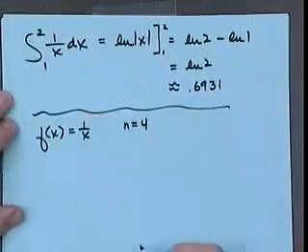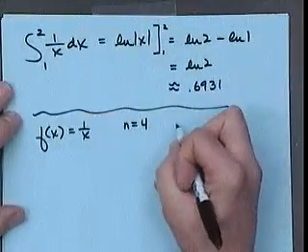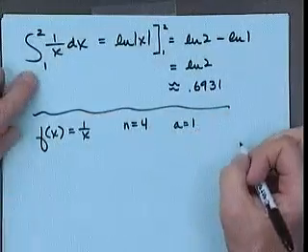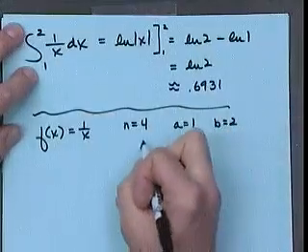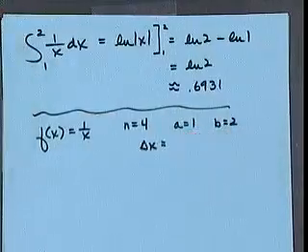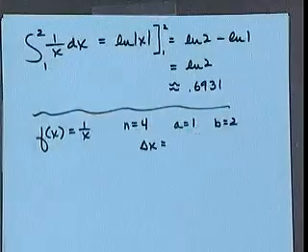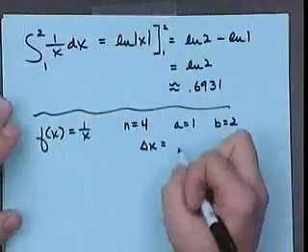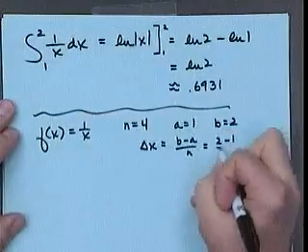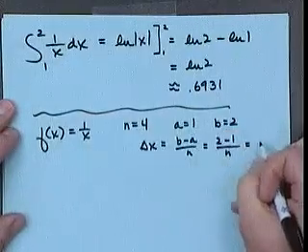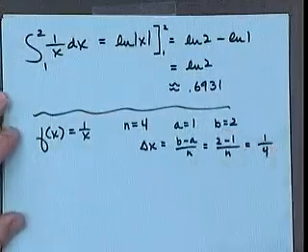So let's use 4. And a is 1. We're starting at 1 and we're ending at 2. So our delta x is what? b minus a over n, 2 minus 1 over n. n is 4. 1/4.